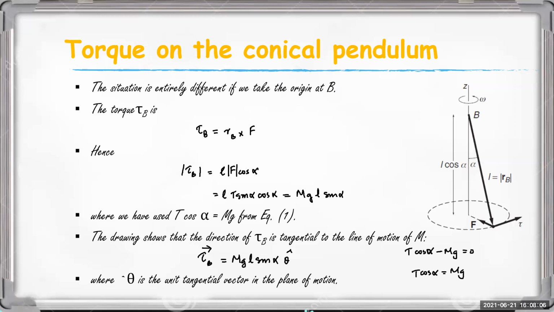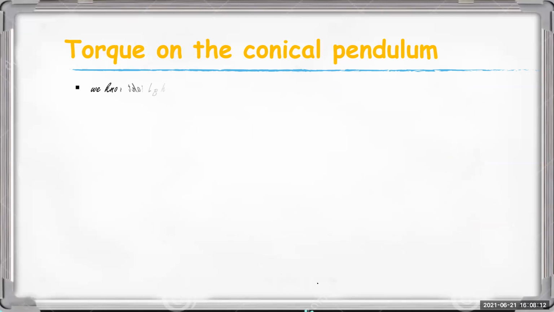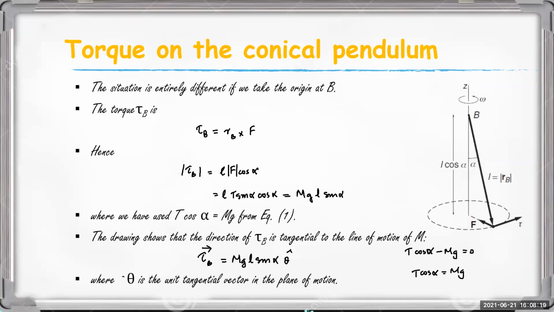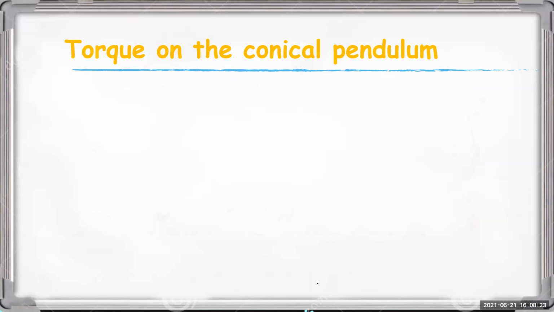So we obtained the value of tau B as mgL sin alpha theta cap.